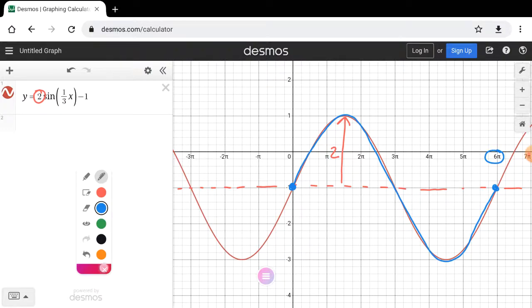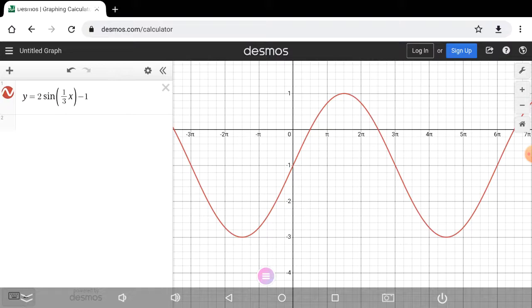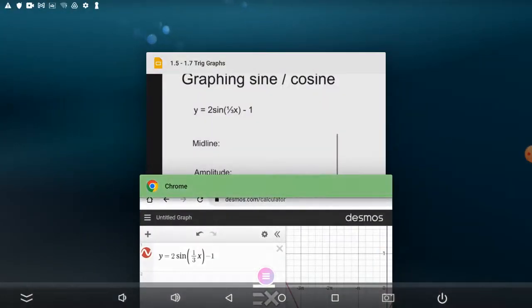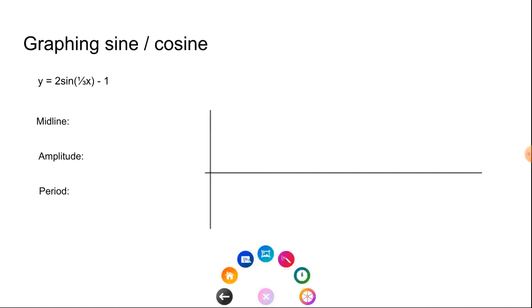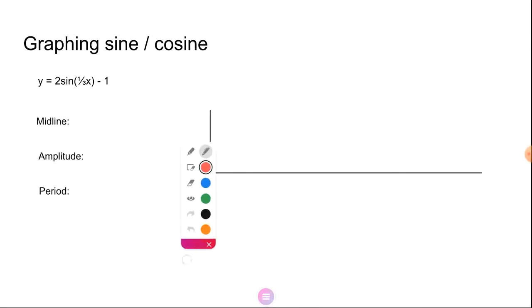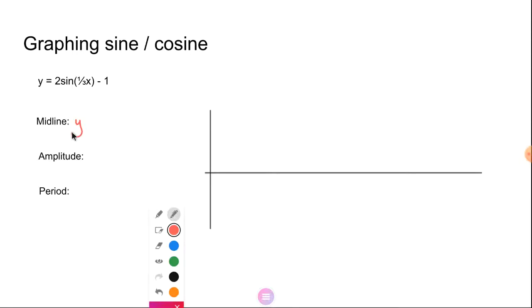So if we go back to our graph, we're going to sketch kind of what we found. Okay, so our midline we said was at y equals -1, and then at -1 we have a dotted line. Our amplitude we said was 2.